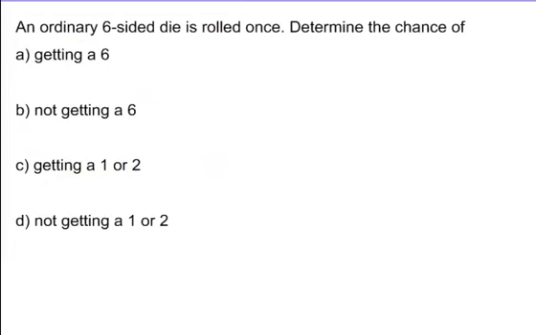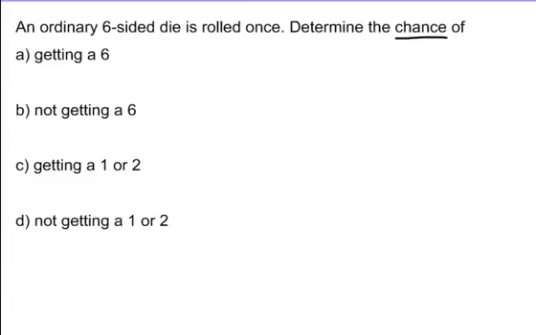Now, this problem right here is theoretical probability, but we could actually roll a 6-sided dice and see what we come out with. That would be rolling a dice 6 times and seeing how many 1s, 2s, 3s, 4s, 5s, or 6s you get.